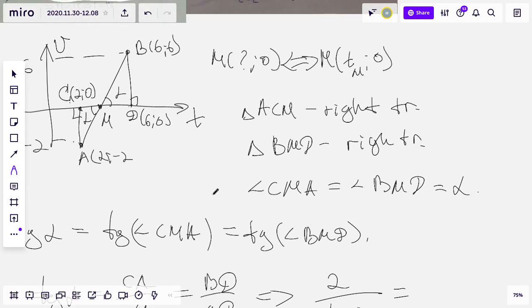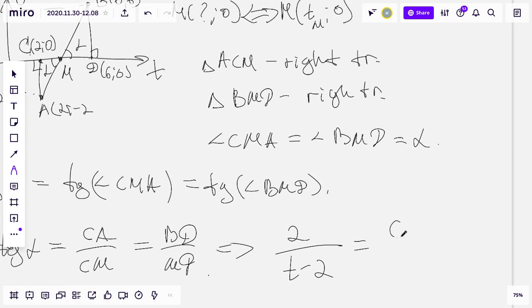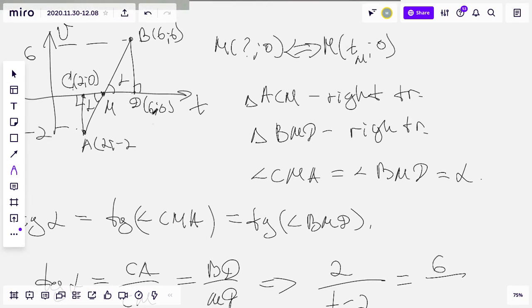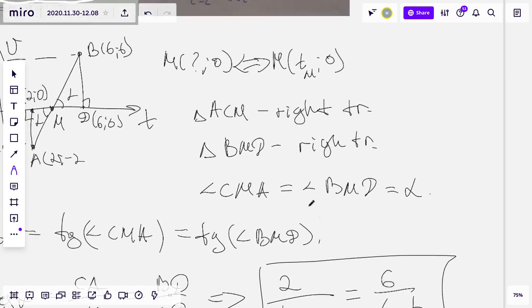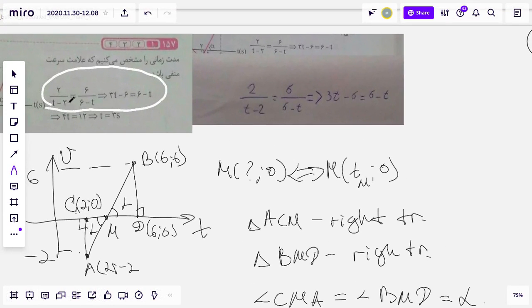The length of side BD equals 6, and the length of side MD equals 6 minus time, and then we have the equation that was right here and here. Now we got it.